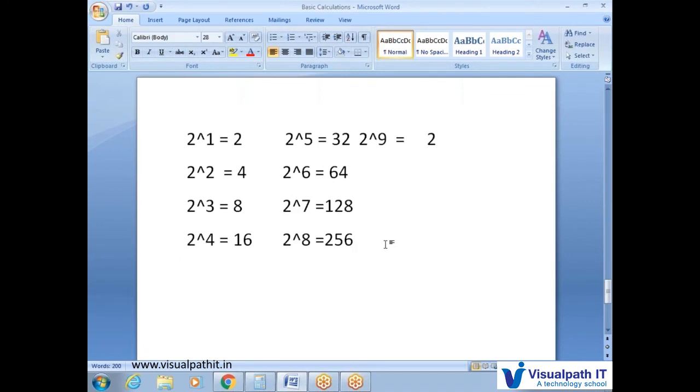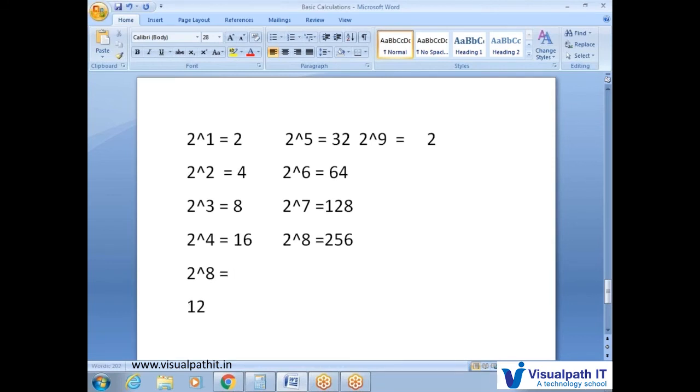For example, in an examination, I'm asking this question: what is the value of 2 power 8? Find the value of 2 power 8. How to solve? There are four options.